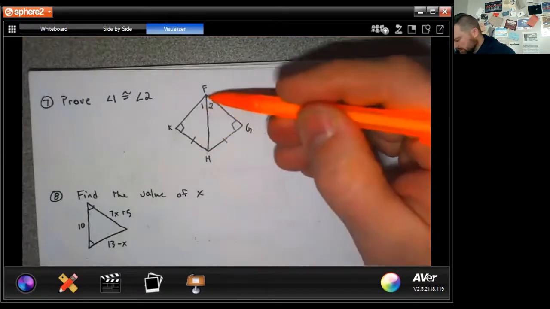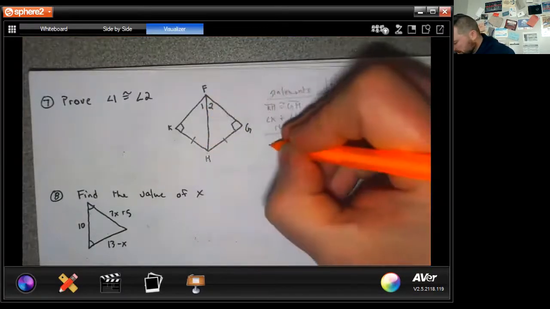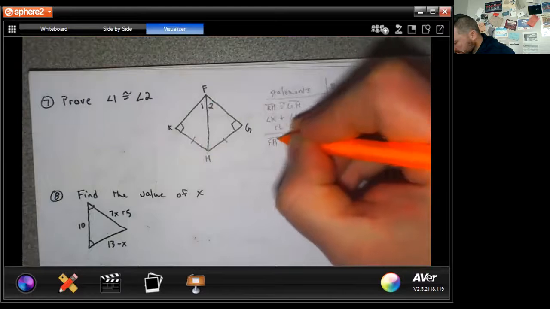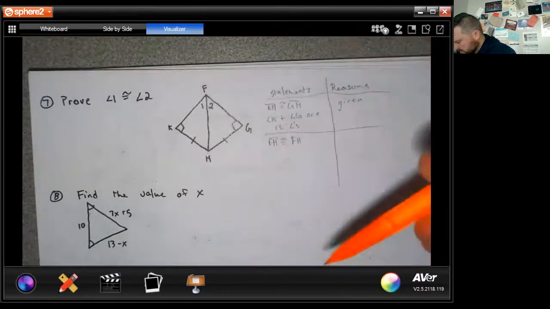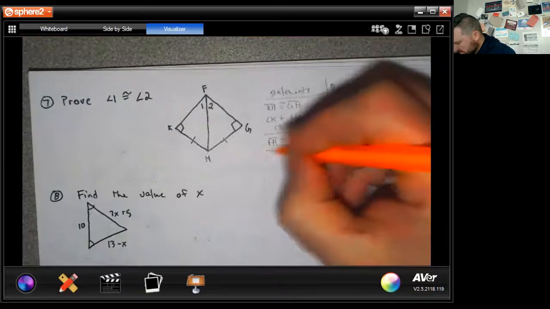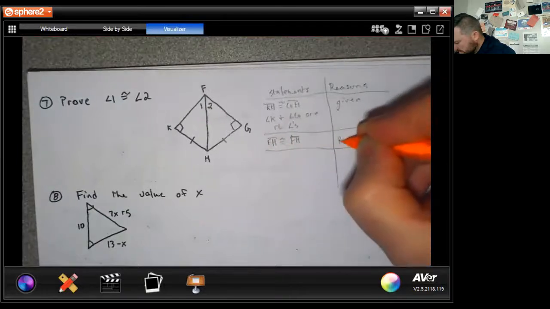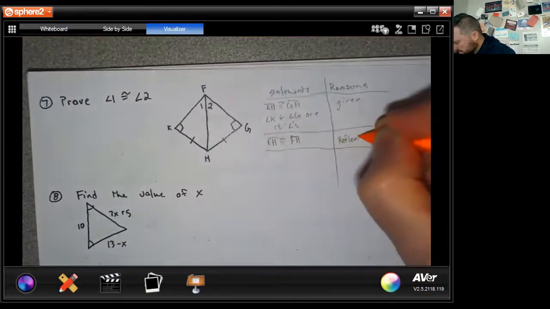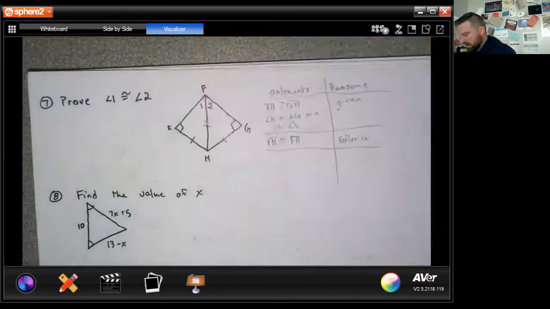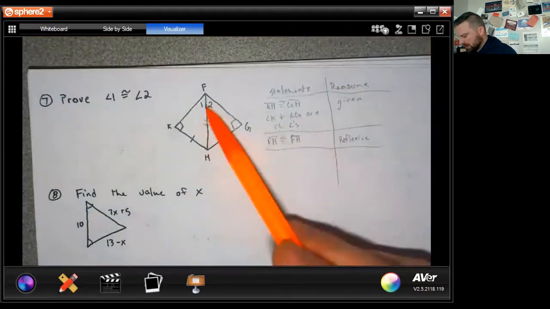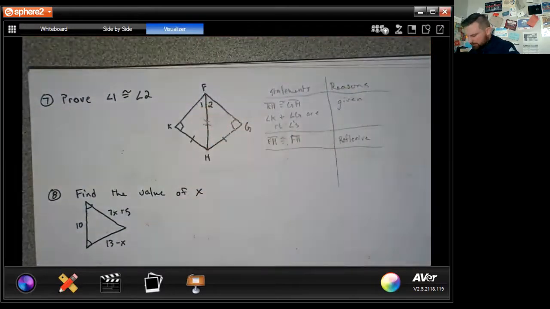Well, we see here that we share a side. So FH is congruent to FH. That is the reflexive property. And I have right angles, so that means I have right triangles.